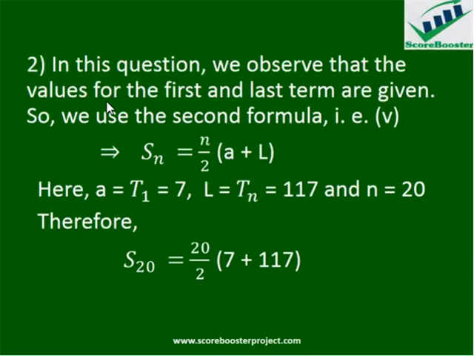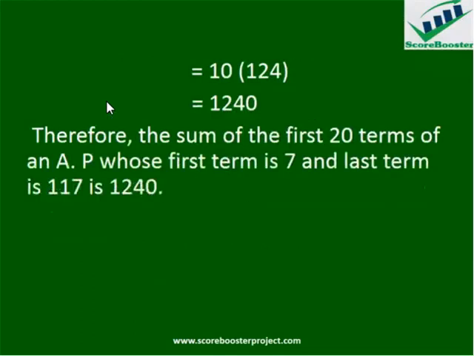So 20 divided by 2 will give us 10, and 7 plus 117 will give 124. 10 multiplied by 124 will give 1240.